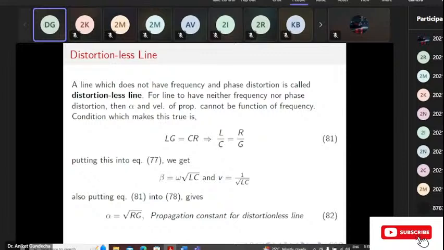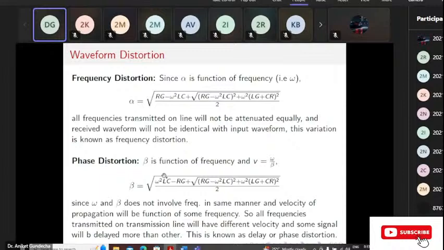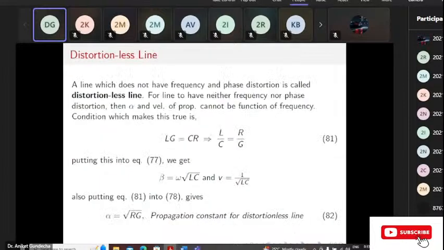You have to write down the condition. Then you cannot write directly this equation for beta and alpha. You have to write the generalized equation for alpha and beta, and by substituting the condition in these two equations, you get these two values, that is beta is omega root LC and alpha is root RG. So that completes the derivation for distortionless line.